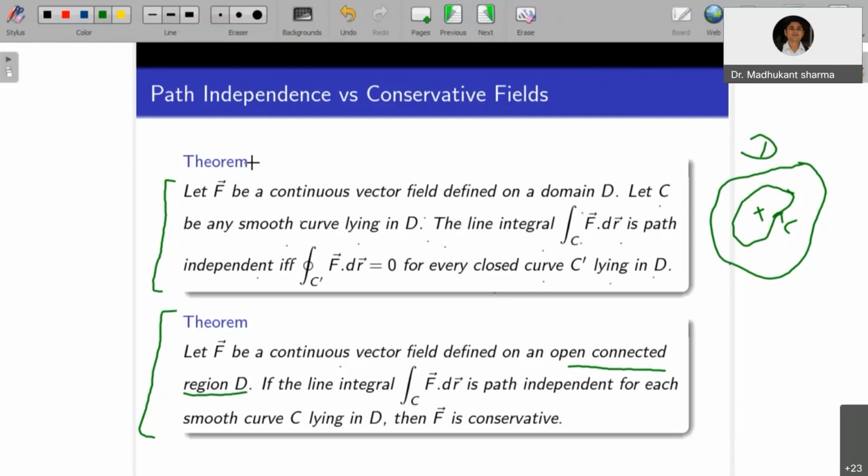We have to mention it's a disc only, where we cannot go for a circle. So if you put one small hole inside, it will not be connected. It means you take any closed curve that should shrink to the center, meaning all the points lie inside it.